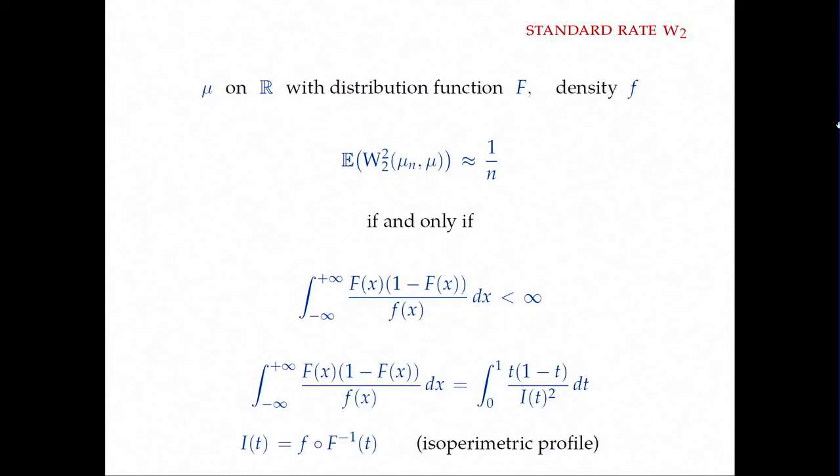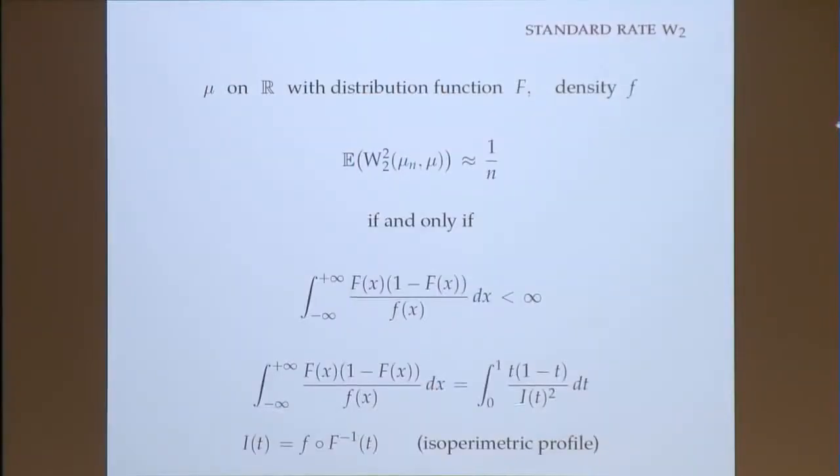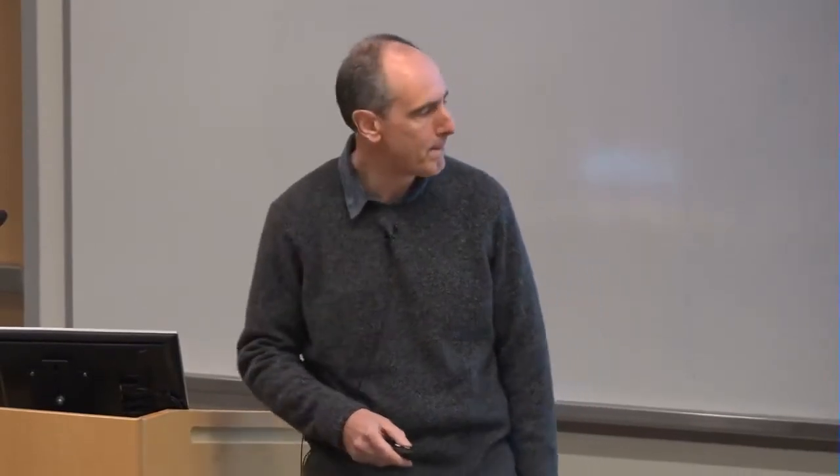And for W2, you have this expression that involves a kind of comparison between the distribution and the density. After a little bit of change of variables, you may rewrite this expression in this form here. And this function I of t is the composition between the density and the inverse distribution F minus 1, which is sometimes called the isoperimetric profile of the distribution mu.